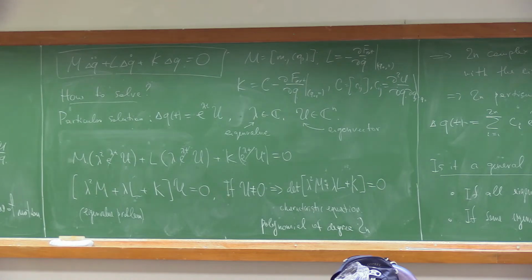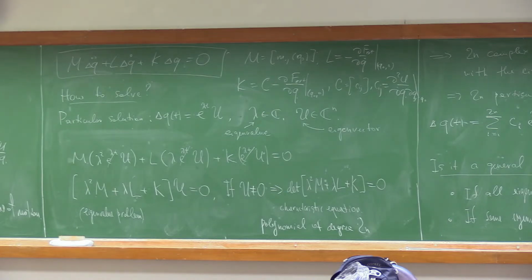So now you can put everything to the other side. Let's start from the last. And then mass matrix is always, remember, positive definite, so it's invertible.